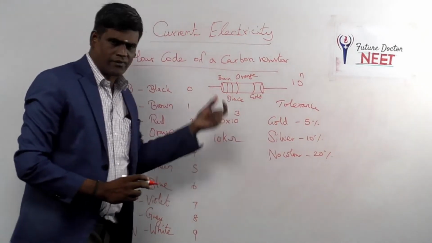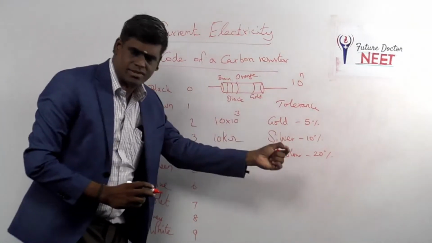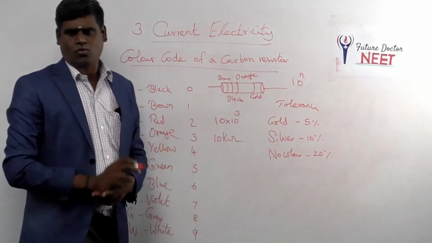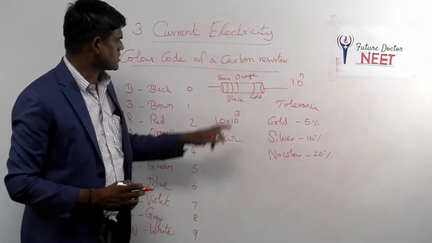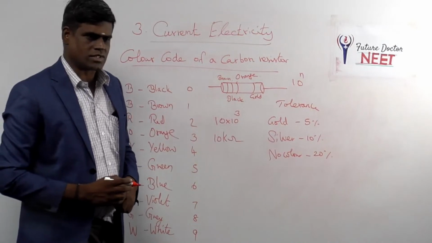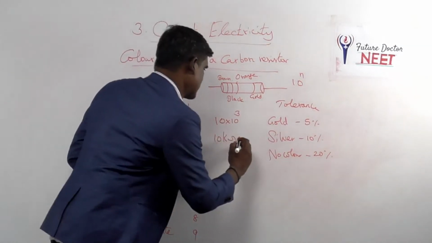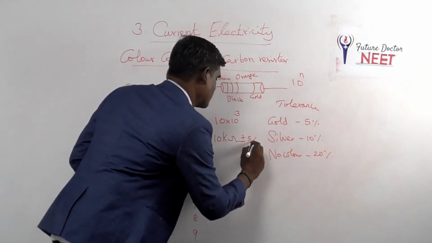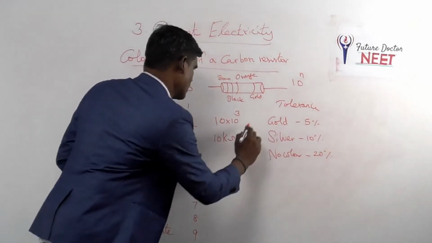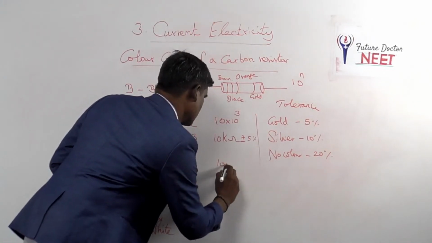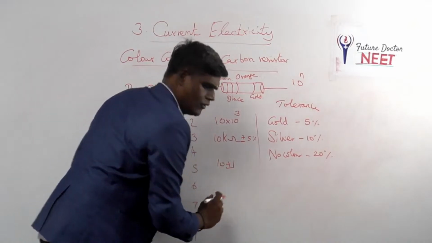Resistance of the given carbon resistor is 10K ohm. The last one is tolerance. Gold. Gold how much? 5. So this we will write as plus or minus 5%. Okay. So combinedly, 10 kilo ohm plus or minus 5%.